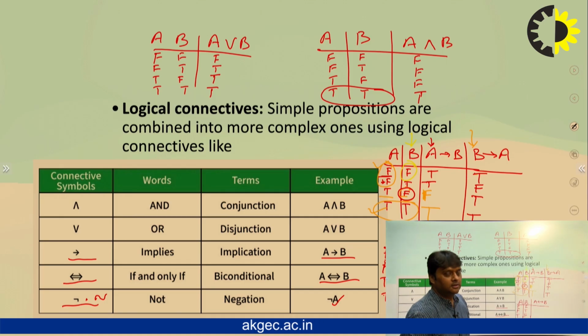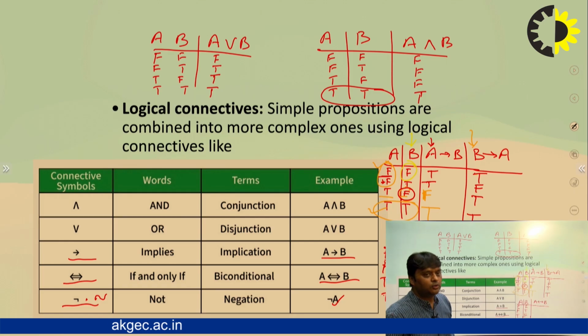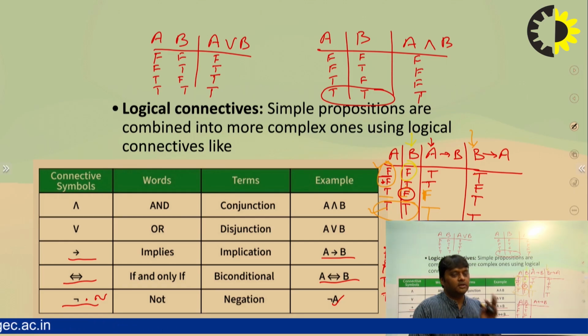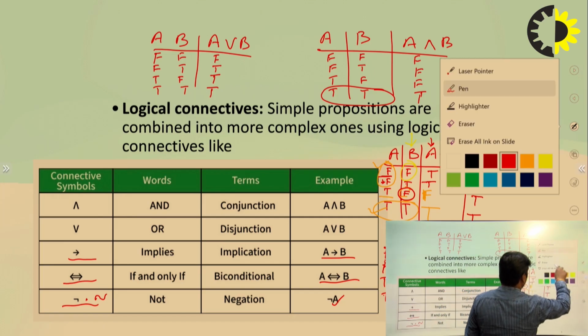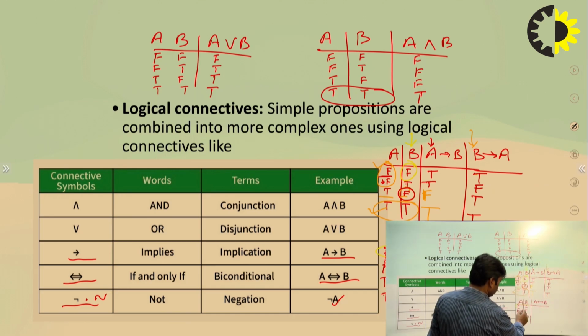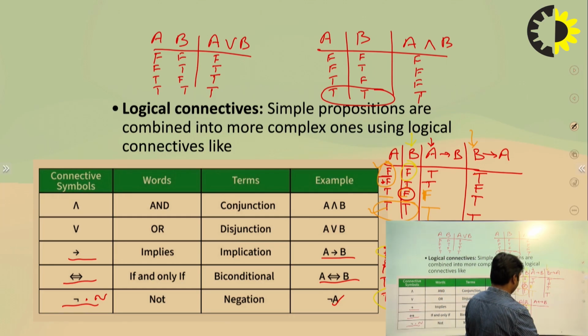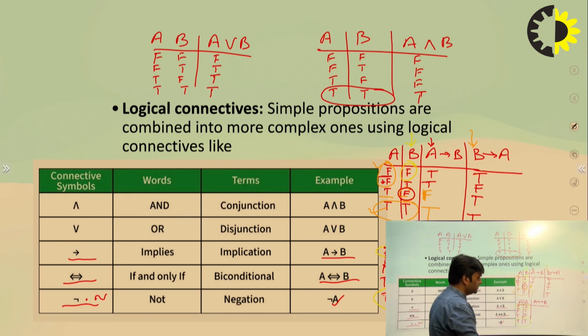For biconditional, the property is that if both values are true, then the result will be true, or if both values are false, then the result will be true.